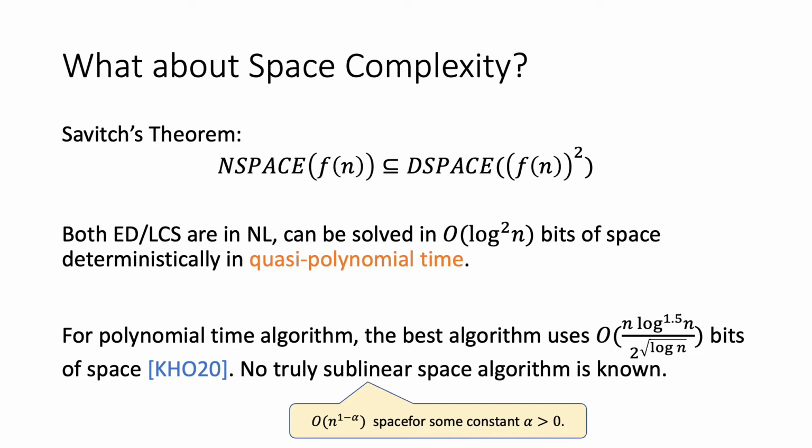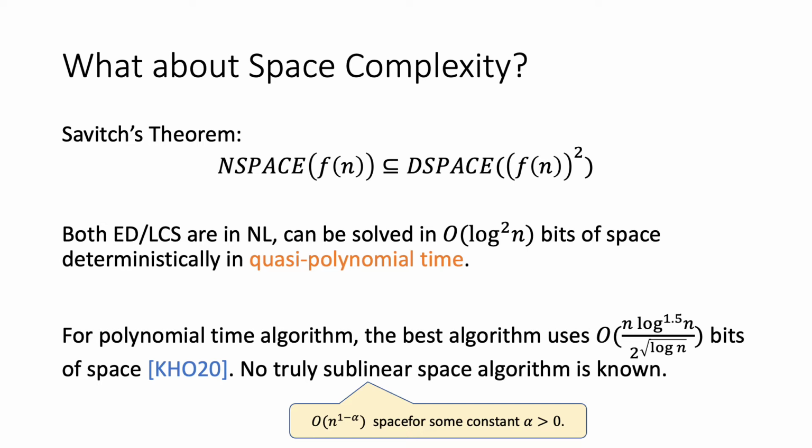First, it is not hard to show that both edit distance and LCS are in non-deterministic log space. Thus, by Savitch's theorem, both can be solved in O(log^2 n) bits of space deterministically in quasi-polynomial time. How about polynomial time algorithms?